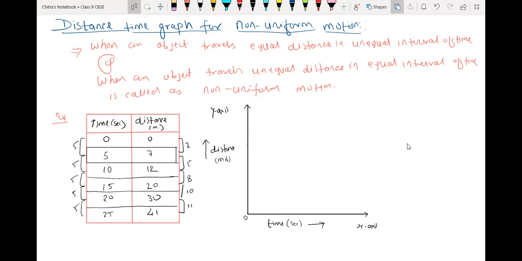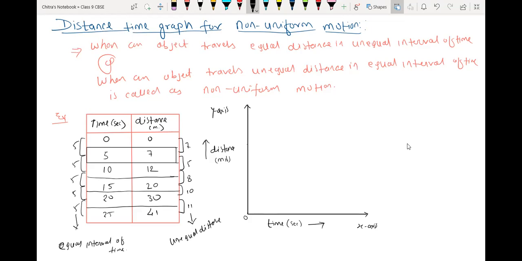Yes, the distance is not equal, so it is unequal distance, but it is equal interval of time. So it is non-uniform motion.